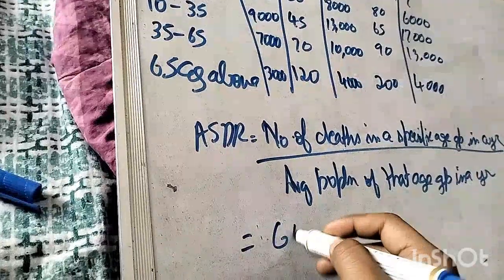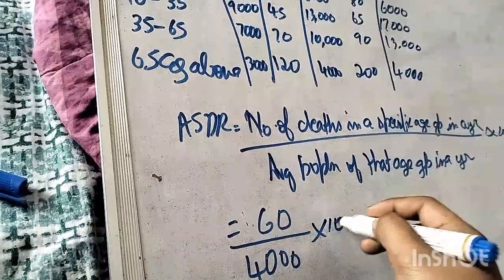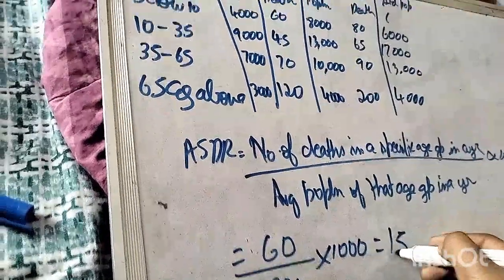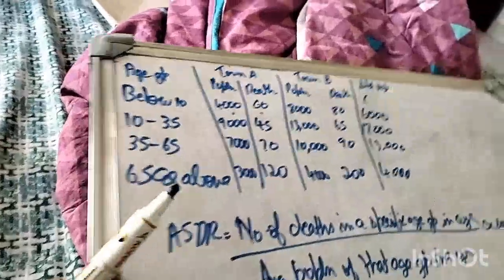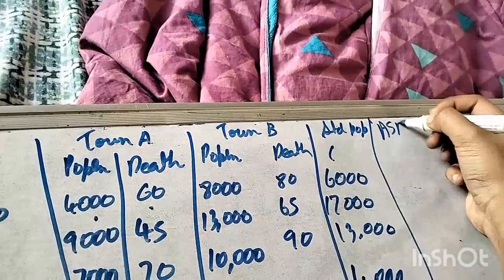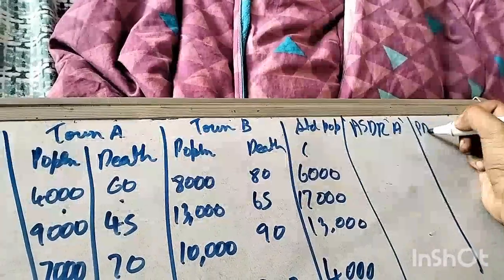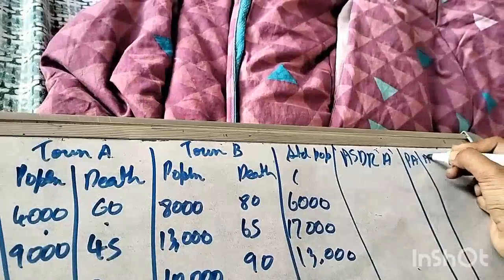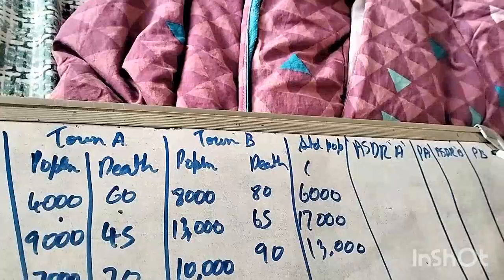So here it is 60 divided by 4000 into 1000. That's for town A, okay? So it's going to be 15. So here, ASDR of A, and then PA, and then ASDR of B, and then PB.